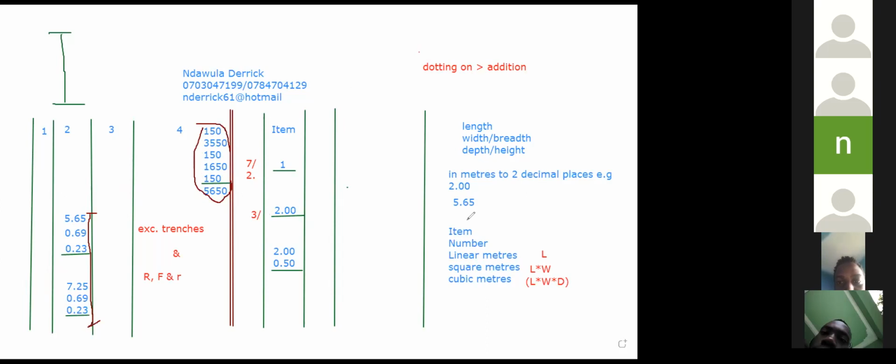So instead of wasting this whole side, we just do the west here. For example, if I'm coming here, I do the west, I get the dimension I want, then I do the work here. I put the 5.65. So instead of wasting this whole space on simple work, I save my space. I consider this page 1, and this is my page 2. I do my west in the description column at the right-hand side.